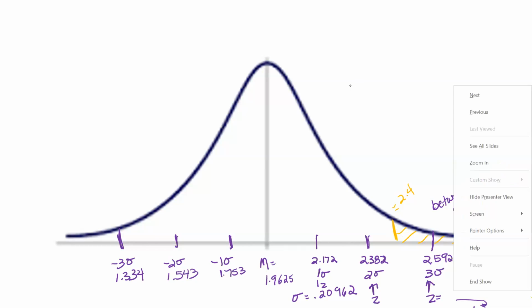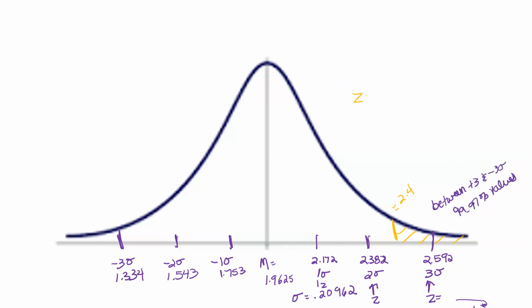So we calculate a z-score by taking our raw score minus the mean and dividing it by the standard deviation. And that will tell us how many standard deviations away from the mean our 2.4 is.